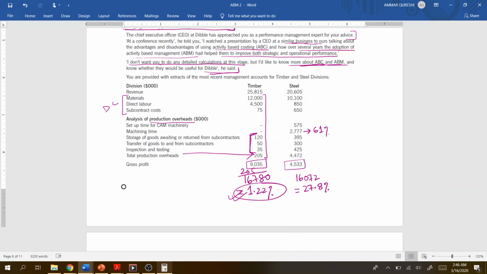Although if you want to add that part, you may, but since the overheads are just 1.22% of the total, it will not be beneficial for the company to apply ABC, because ABC itself includes other different costs. I mean, implementation costs, staff motivation, data, and everything. So it's not an easy task to apply ABC.